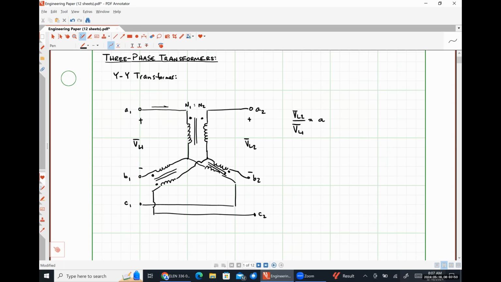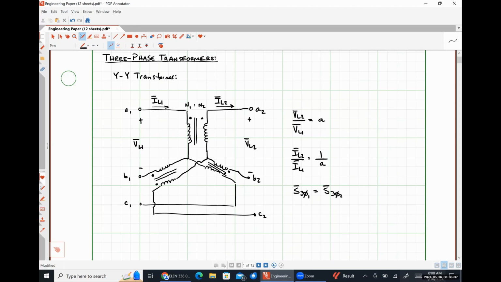If I consider this current as a line current on the primary side, and this as a line current on the secondary side, then we should find that IL2 over IL1 is 1 over A. And the total complex power on the primary side has to equal the total complex power on the secondary side.